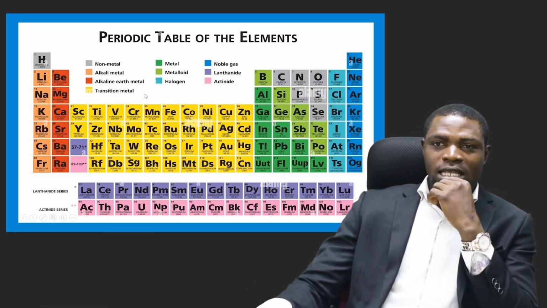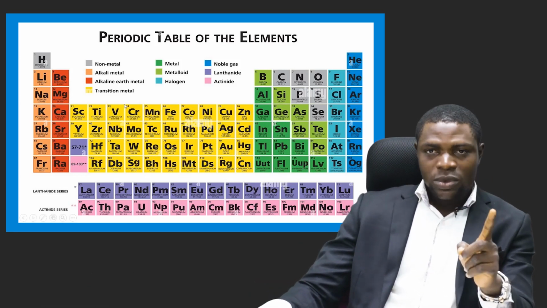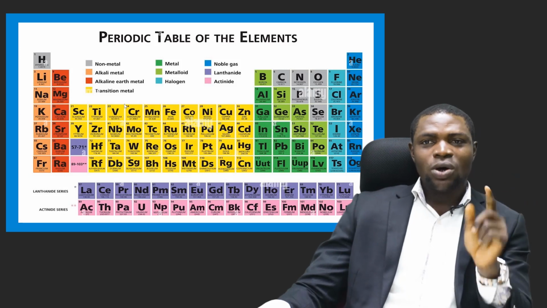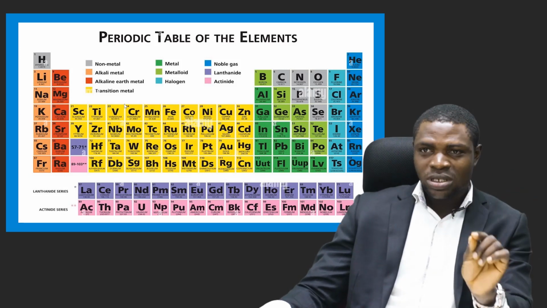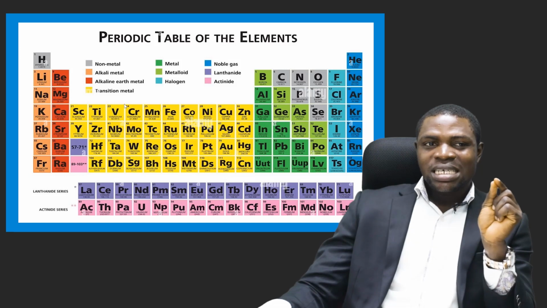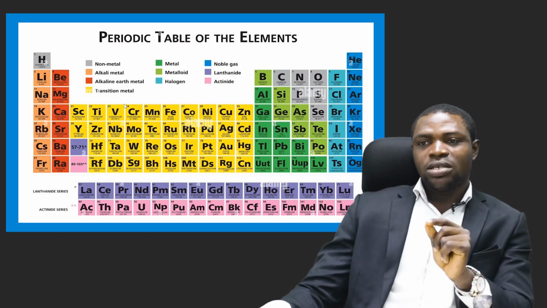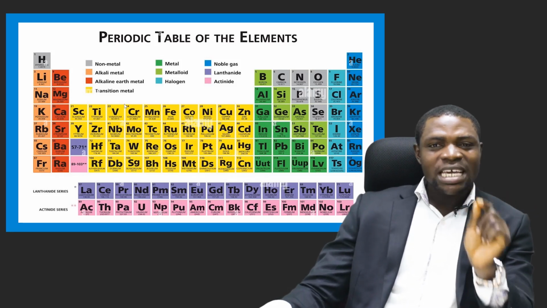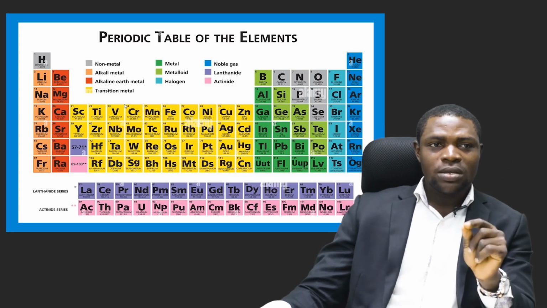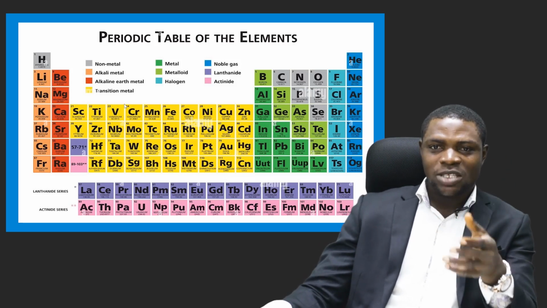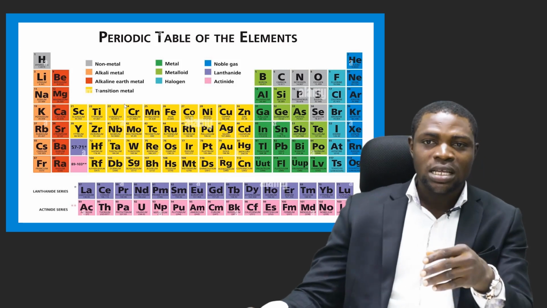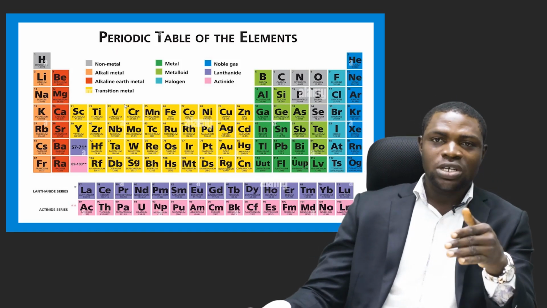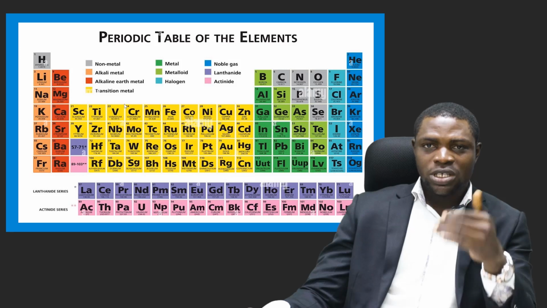Now you must understand that there are about 118 known, discovered and synthesized elements in the world. 98 of them occur naturally, while the rest are synthesized, especially 99 to 109, in the chemistry laboratory. And I'm going to tell you why.